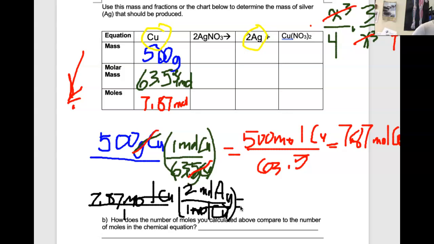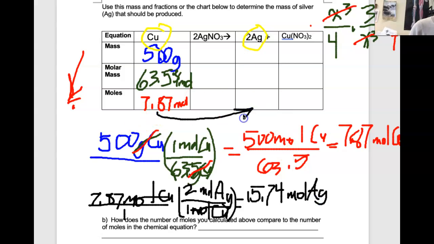As you do that, we've got 15.74 moles of silver. You could have looked at the same thing from the chart because you can see it's a 2-to-1 ratio, so you could simply multiply that by 2. So 15.74 moles of silver.